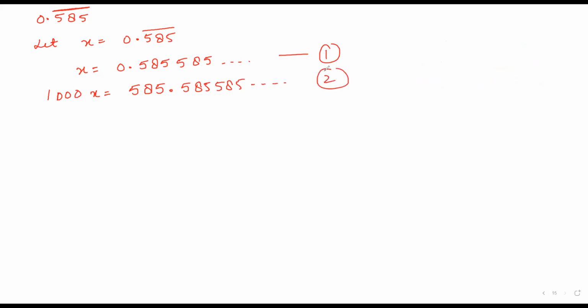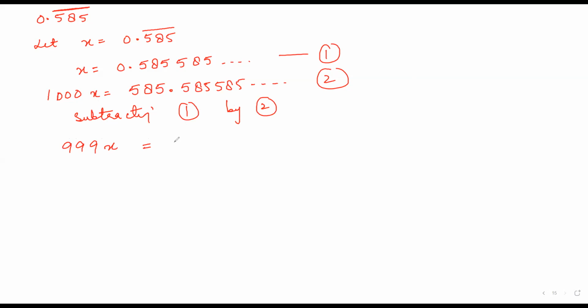Okay. Now again you subtract. So subtracting your 1 from 2. Don't write 2 from 1, otherwise you'll get a minus sign, because 1 minus 1000 will be minus 999x. So 1000x minus x, you will get 999x.